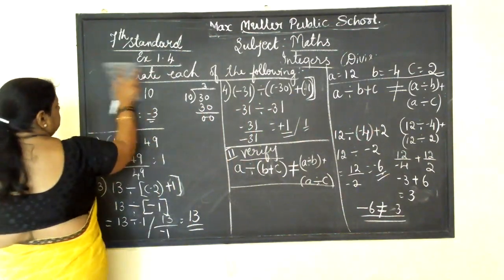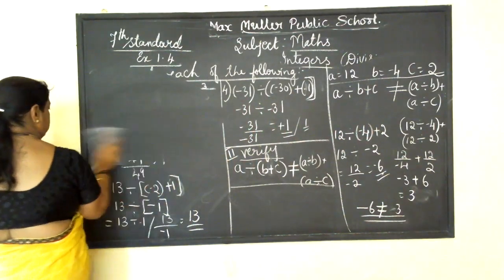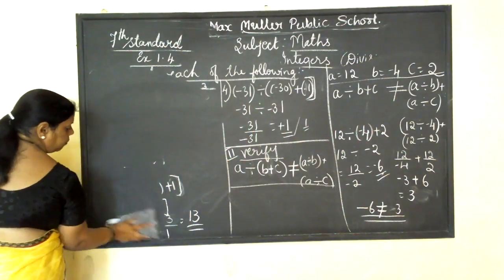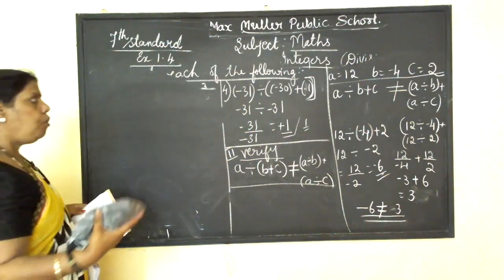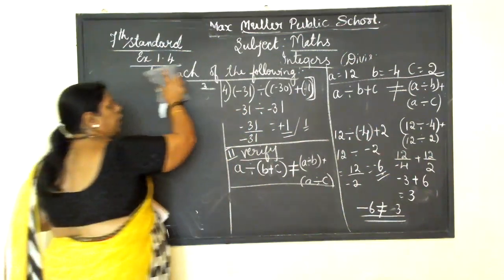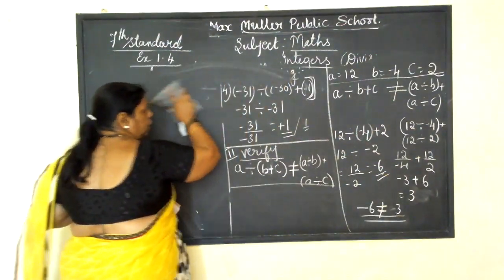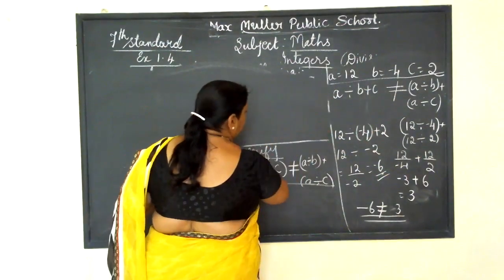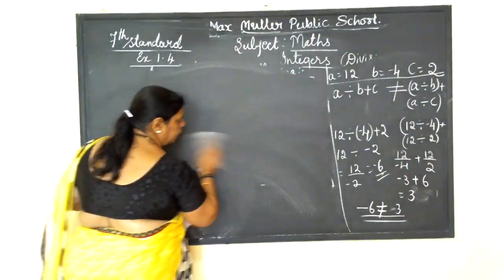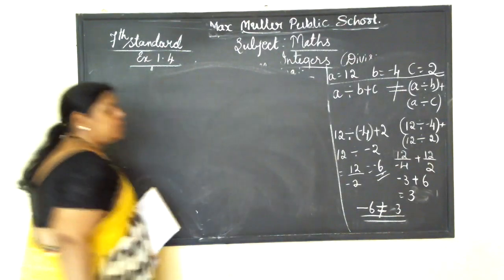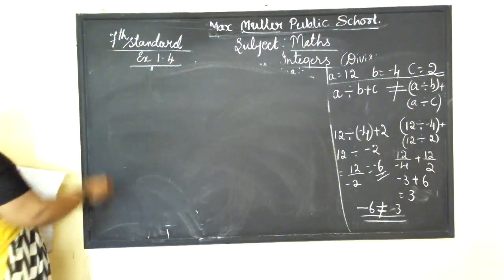Second, see where there if we multiply also, in the multiplication we were getting the same answer, isn't it? But here we don't get the same answer. When we divide this, we are not getting the same answer.